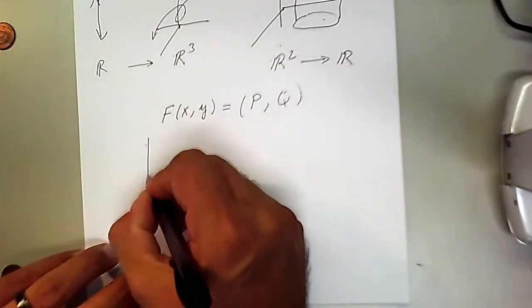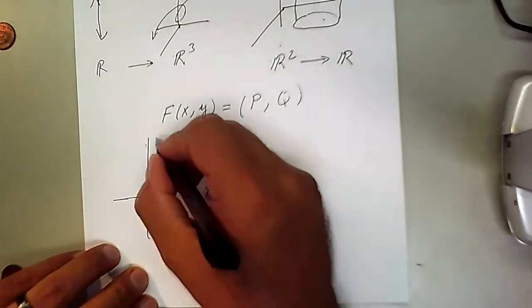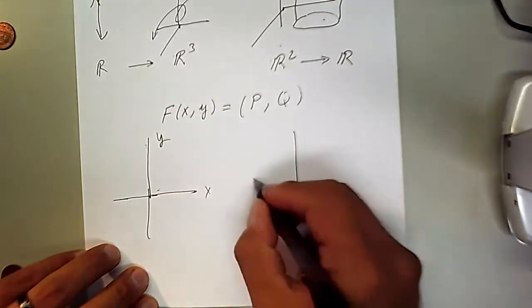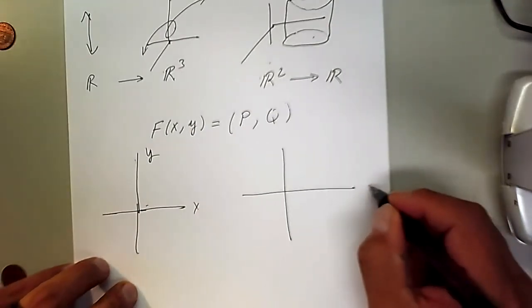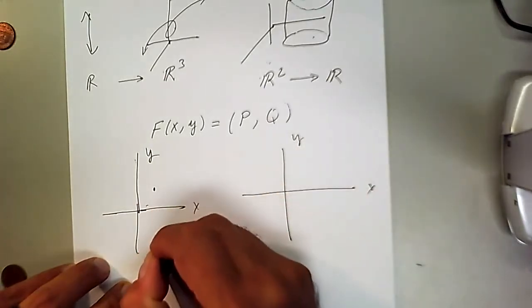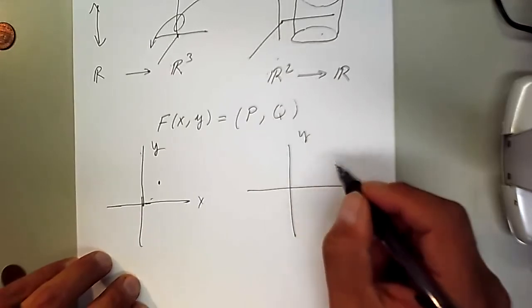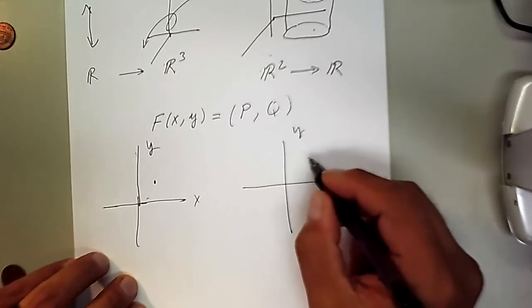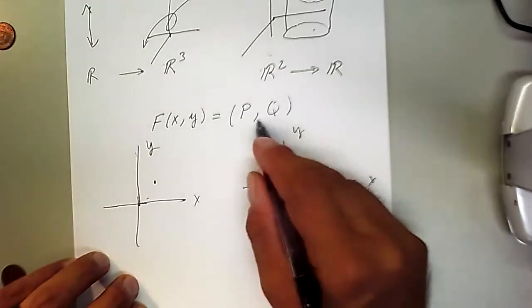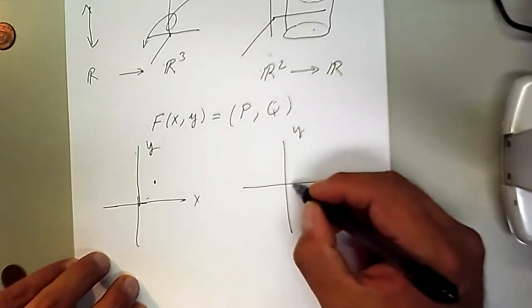So the input is the xy plane. The output, we think of it as the xy plane also. So a point here will have an output. Oftentimes, though, even though it should be an output point, a lot of people think of this as a vector with a direction.